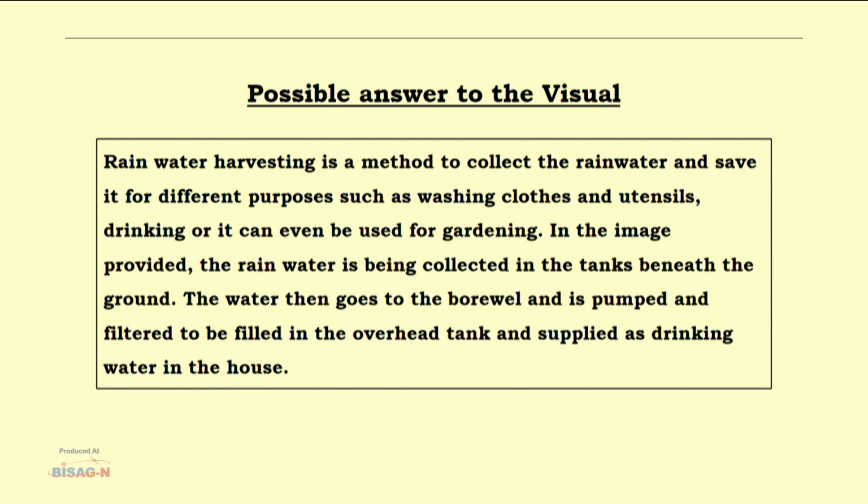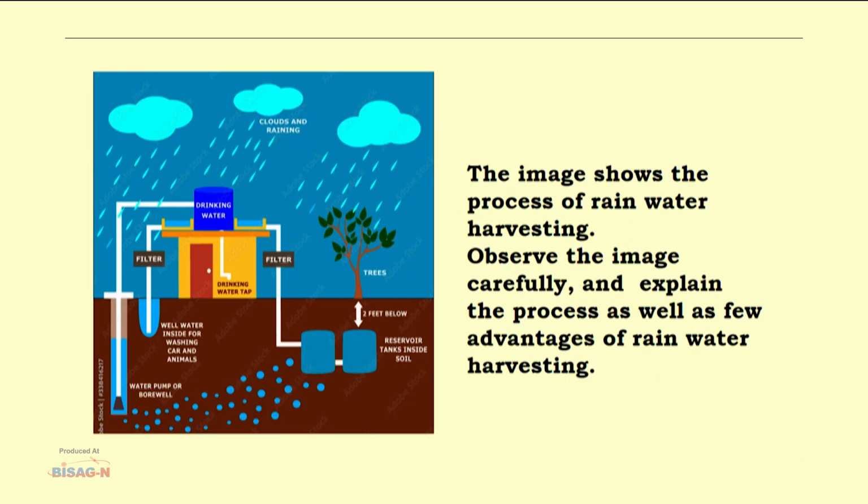So let's go back to the visual and see whether we have answered all the prompts in the given visual and the question. It says, image shown is of rainwater harvesting. Yes, we have observed that and stated that in our answer. It says, observe the image carefully and explain the process of rainwater harvesting. Yes, we have explained the process, not just mentioned that this is rainwater harvesting.